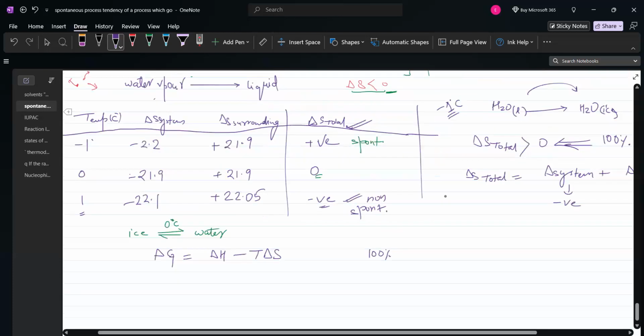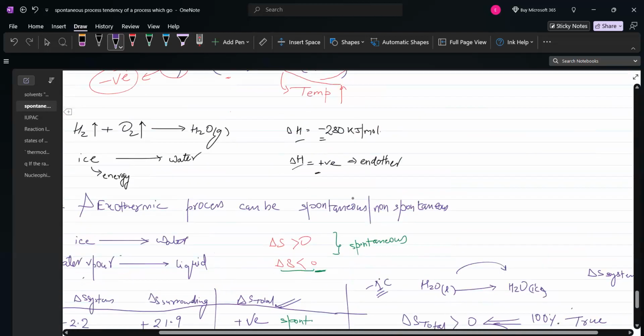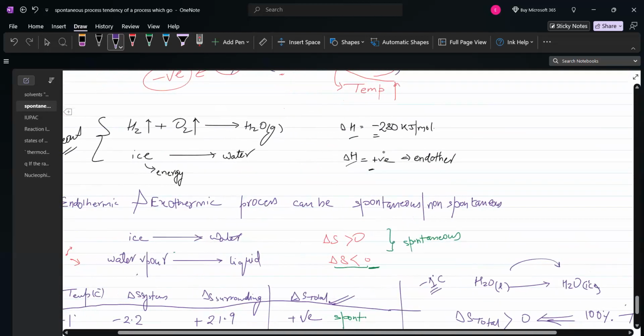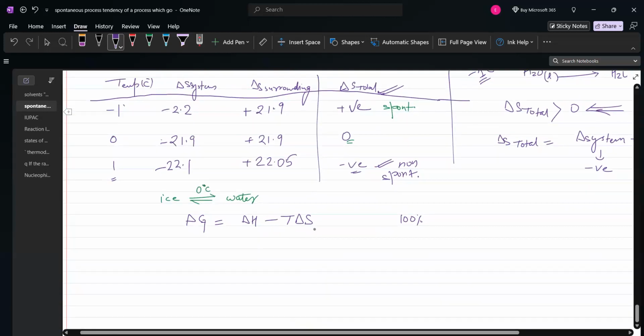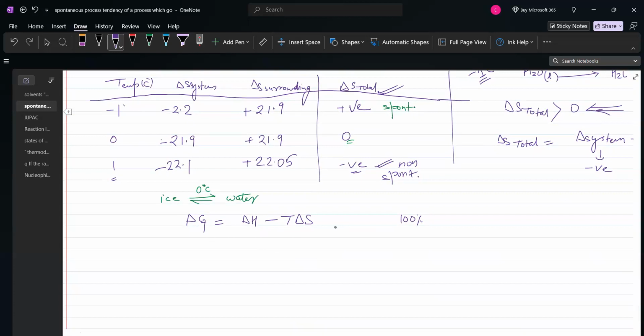But with delta H alone, we cannot comment for sure whether the reaction will be spontaneous or not. With delta G, we can 100% comment.